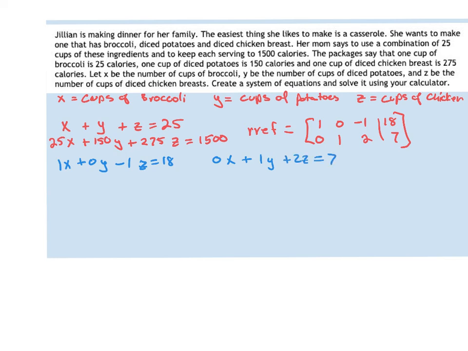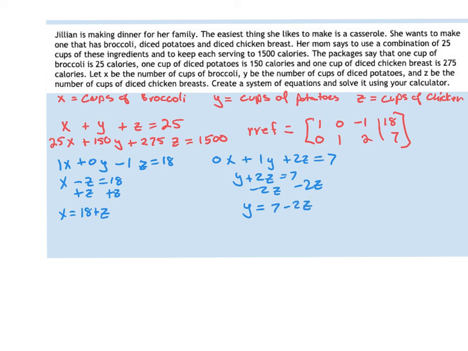If I want to solve this, I'm going to rewrite the equations. We have x minus z is equal to 18, so if I add z to both sides, I get x is equal to 18 plus z. And here I have y plus 2z is equal to 7, so I subtract 2z from both sides, and I get that y is equal to 7 minus 2z.